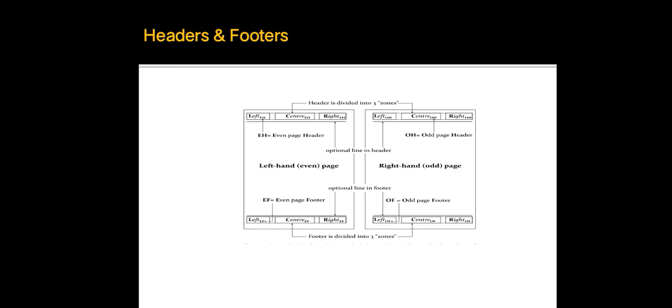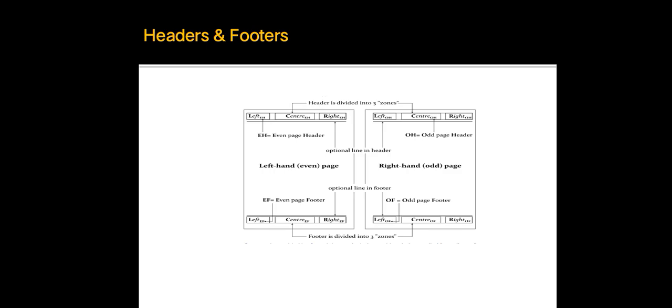Next we move on to the footer. The footer is also divided into three zones: left, center, right, in even page and odd page also. In even we know the left hand side is even and the right hand side is odd pages.